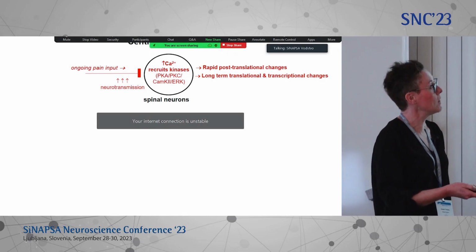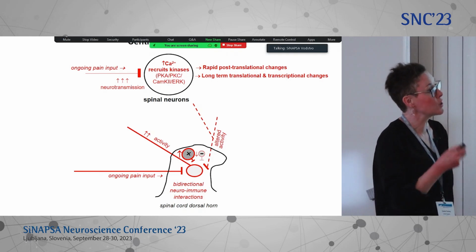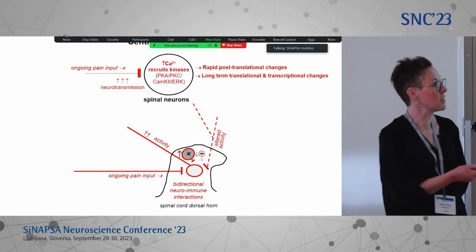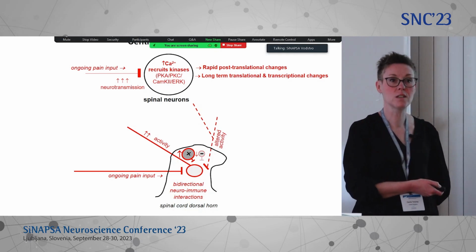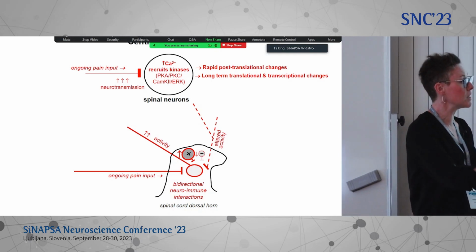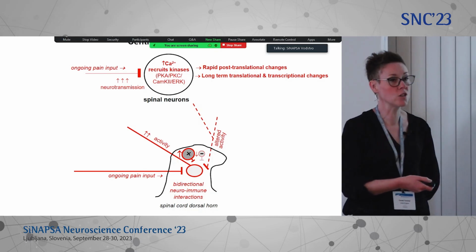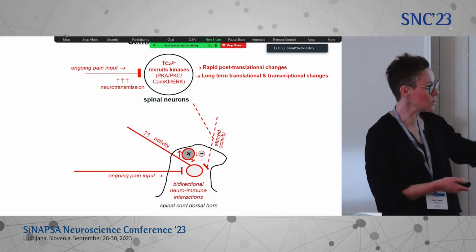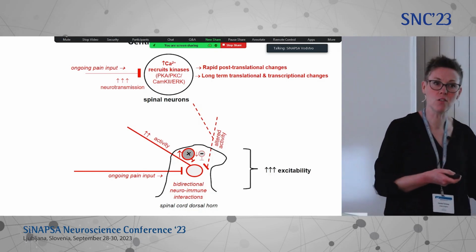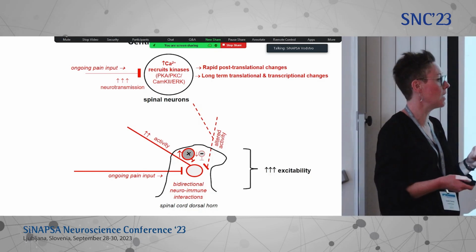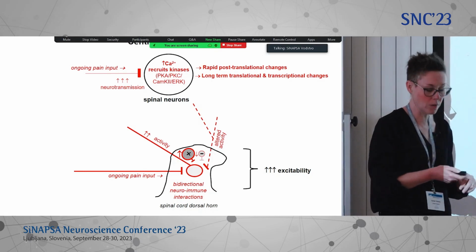So if we look at the spinal cord, as I mentioned earlier, these changes manifest as an increase in local excitability, a decrease in local inhibition, and there's also altered descending control. So overall, there is an increase in excitability in the spinal cord.